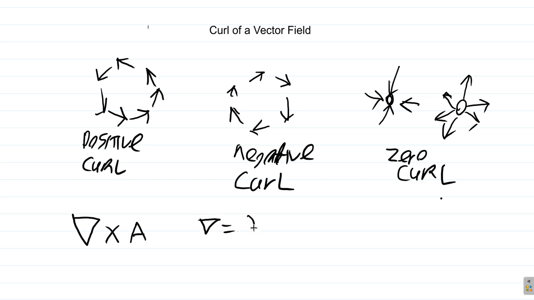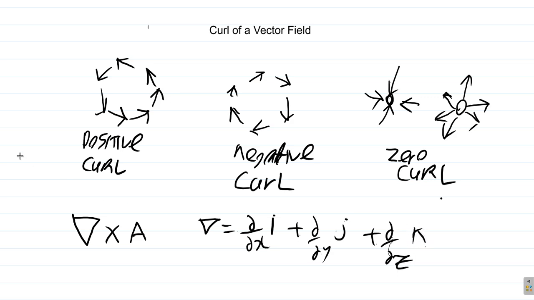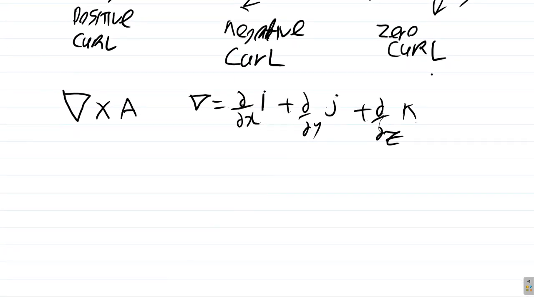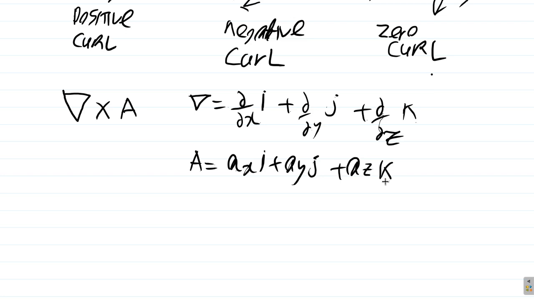Nabla, again, is equal to partial by partial x in the i direction plus partial by partial y in the j direction plus partial by partial z in the k direction. And A is a vector. It's Ax in the i direction plus Ay in the j direction plus Az in the k direction. Ax, Ay, Az are functions of x, y, and z.